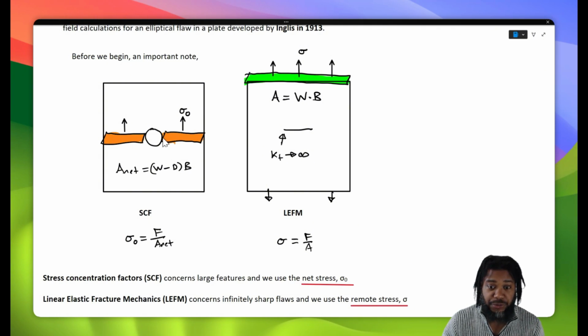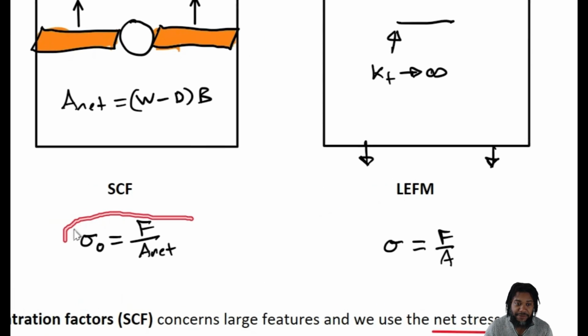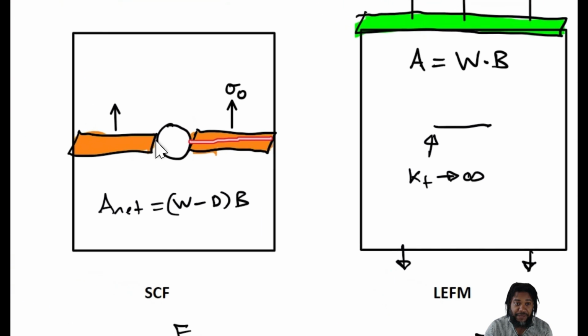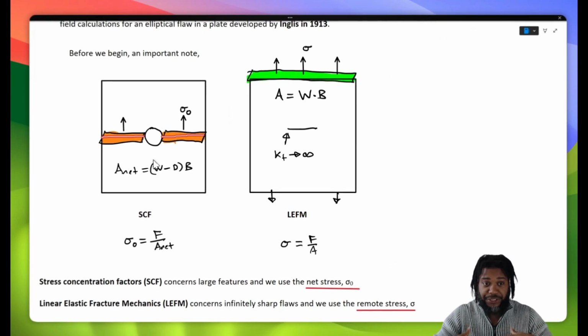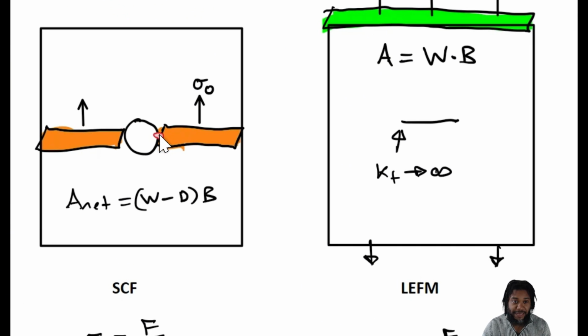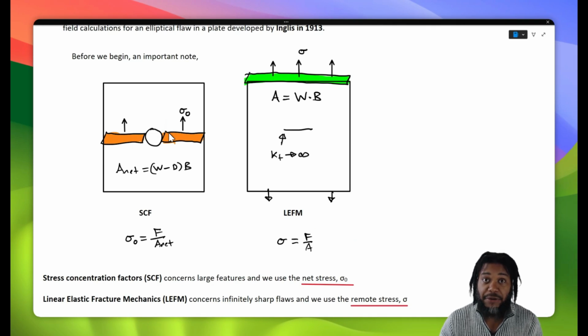In order to evaluate that max value, we often calculate the net stress in the vicinity of that stress concentration. So we take the area near the concentrator as our base value against which to evaluate what the max value is.